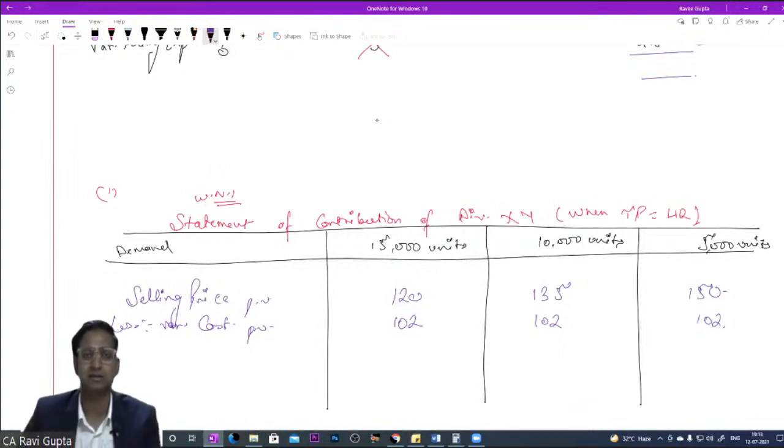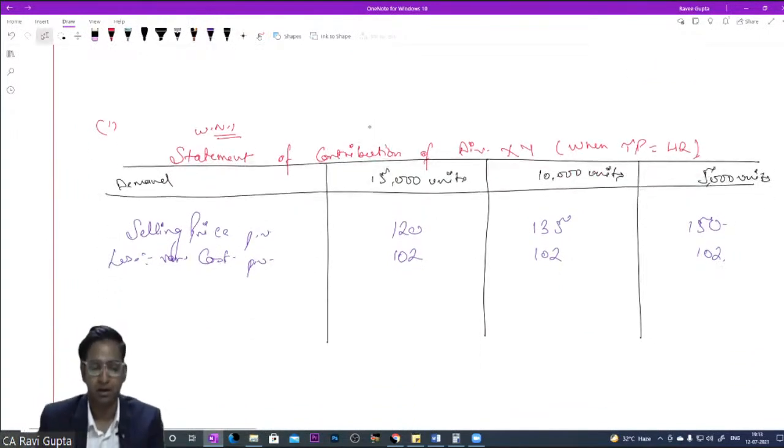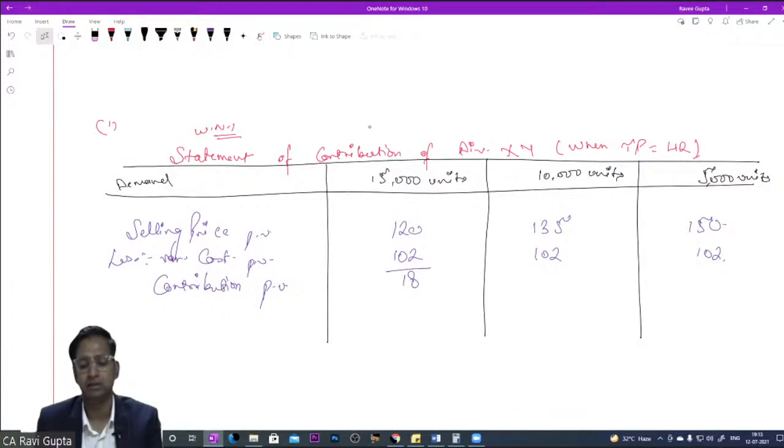Say in this manner, contribution per unit is 18, 33 rupees and 48 rupees.